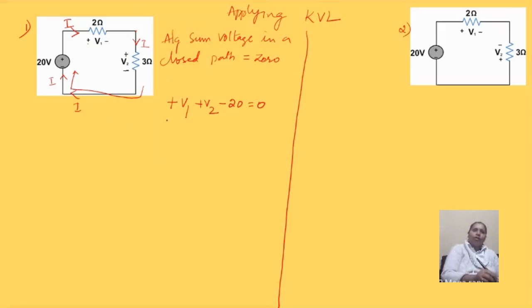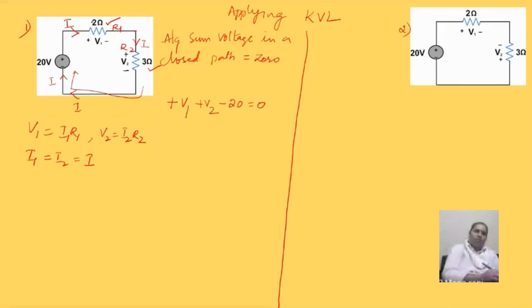Now what is V? V1 is nothing but I1 into R1, and V2 is nothing but I2 into R2. Now what are I1 and I2? I1 is equal to I2, equal to I, because the same current is flowing through this resistance of 2 ohms and this resistance of 3 ohms. Let this be R1 and this be R2.